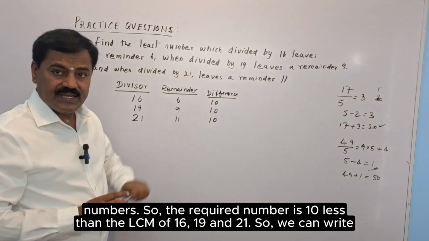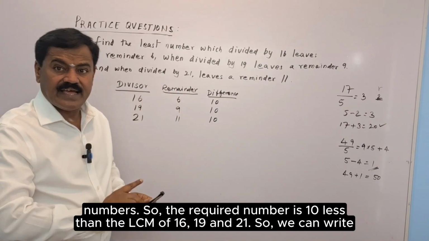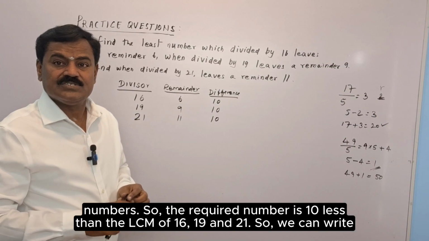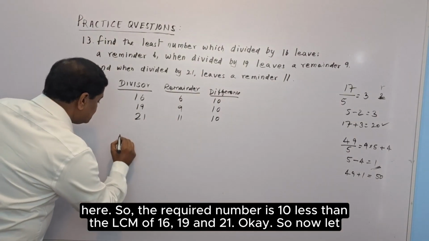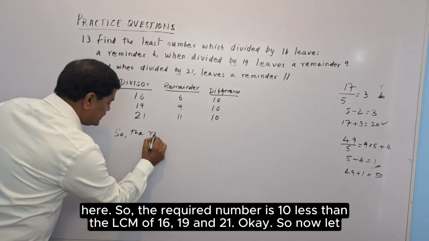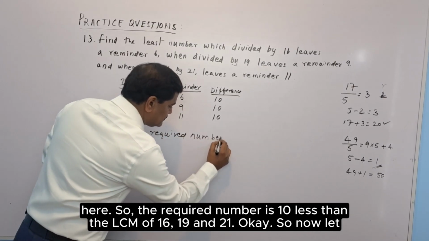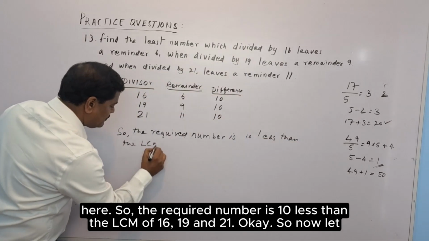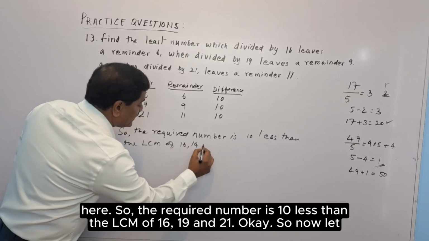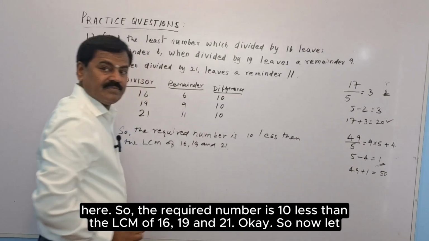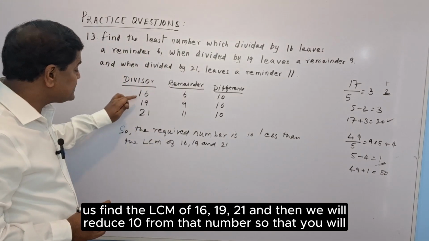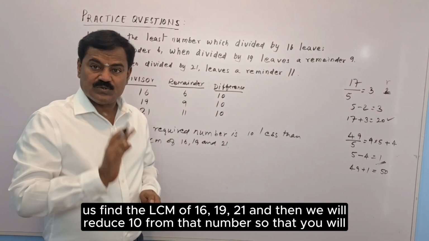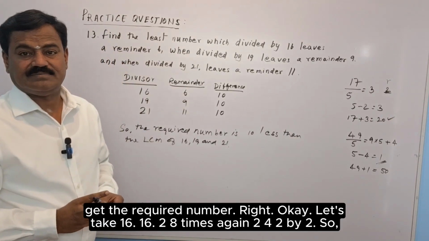So the required number is 10 less than the LCM of 16, 19 and 21. Now let us find the LCM of 16, 19, 21, and then we will reduce 10 from that number so that you will get the required number.